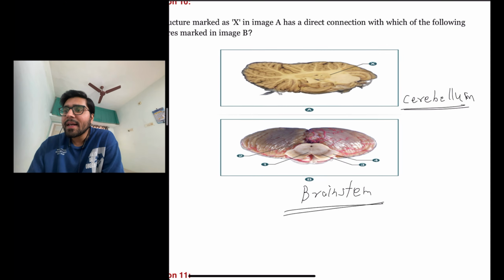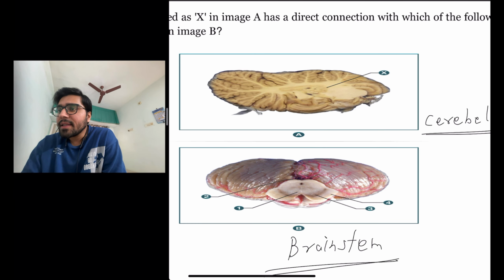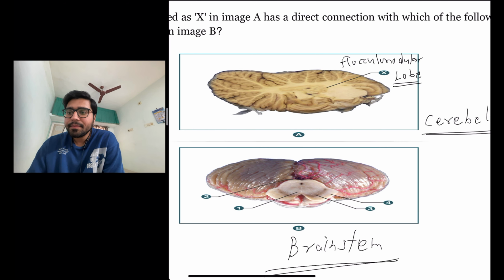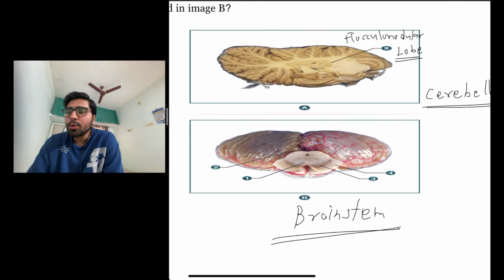So let us mark this A and B image. This one is flocculonodular lobe of cerebellum. Let us mark these 1, 2, 3 and 4 digits.